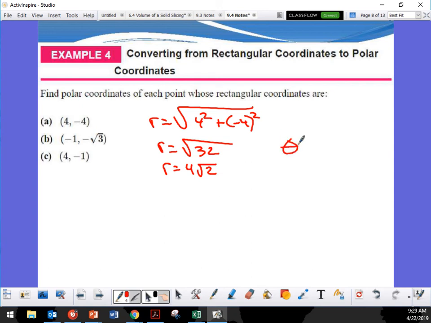So theta equals inverse tangent of y over x, so my y is negative 4 over 4. So that means it's going to give me negative 1, right? And so negative y quadrant, right? So negative y, positive x, and where is the x and y the same?